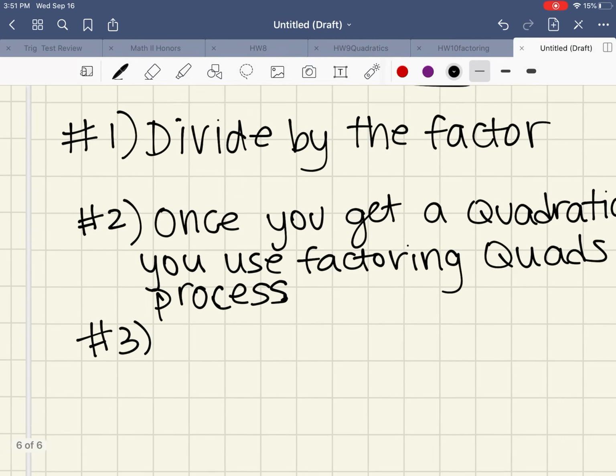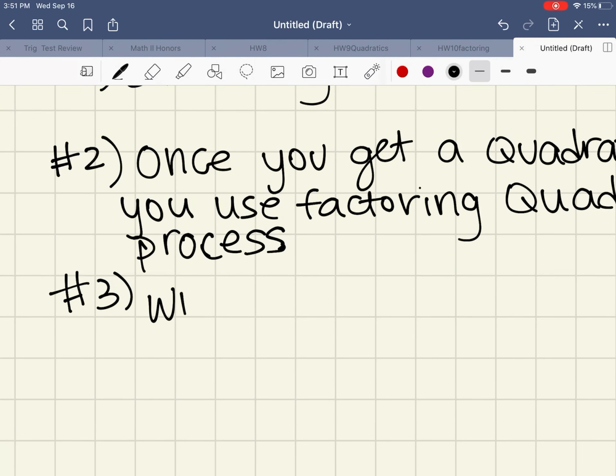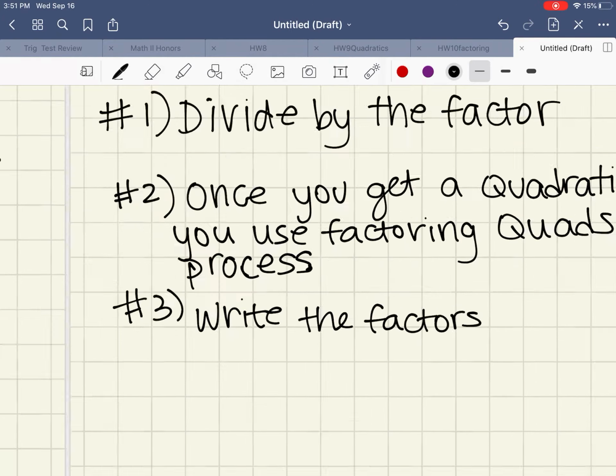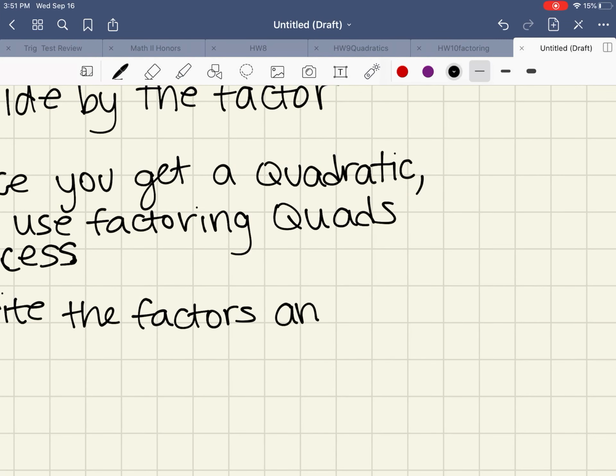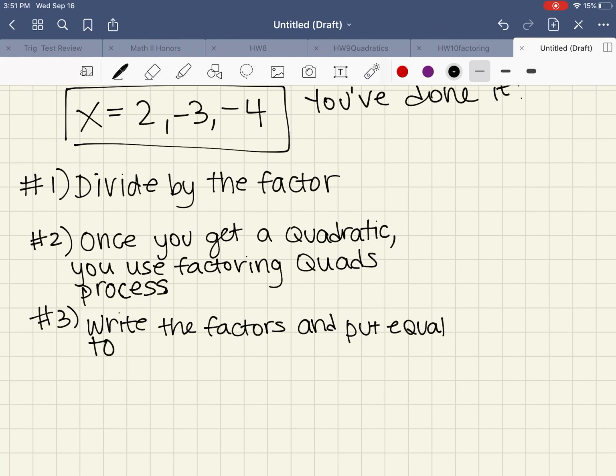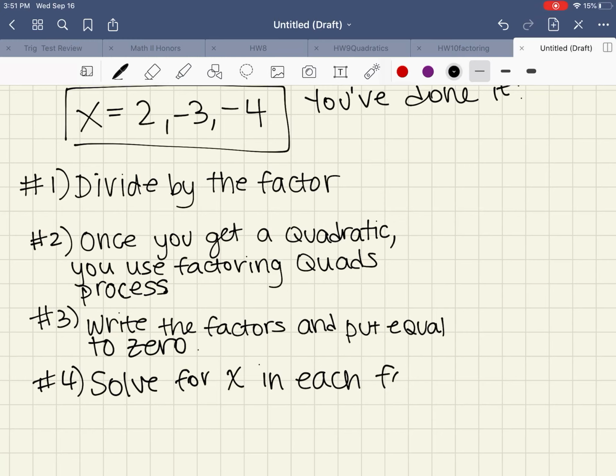Number 3 is to write the factors together, and put equal to 0. Step number 4 is solve for x in each factor equal to 0.